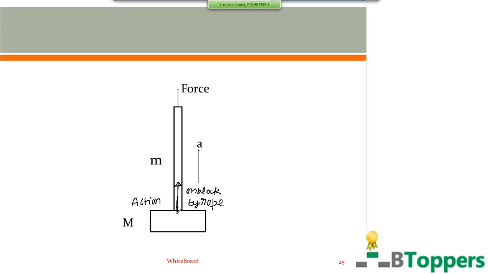So reaction will be in the opposite direction. Here action is the force on block by the lower end of the rope. Reaction will be the force exerted on rope by the block.